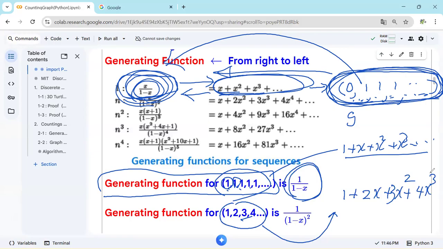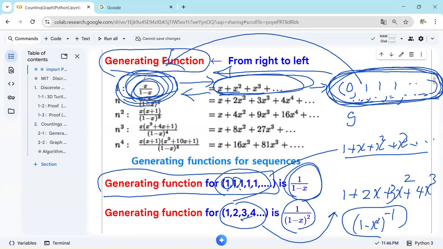Then this one is in fact 1 over (1 minus x) squared. So anyway, generating function is a kind of concept, a kind of reversed concept for binomial theorem.